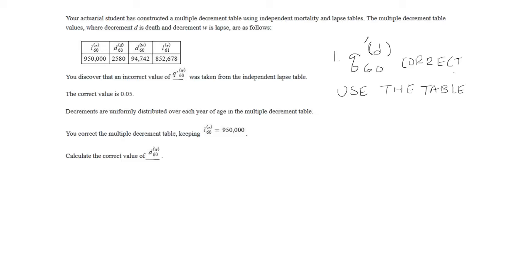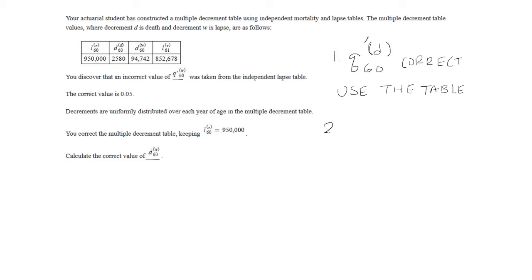Even though the table is wrong because Q prime 60 for decrement withdrawal was incorrect, we can still find the correct value using the table for Q prime 60 for decrement death. So that part's, again, very confusing.